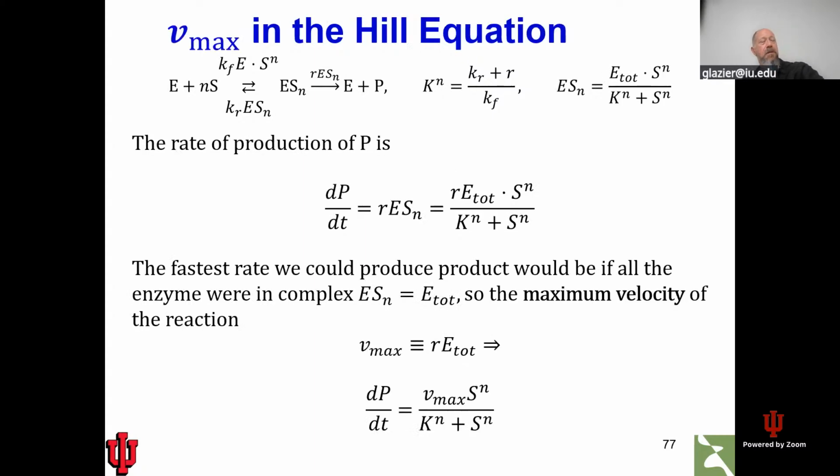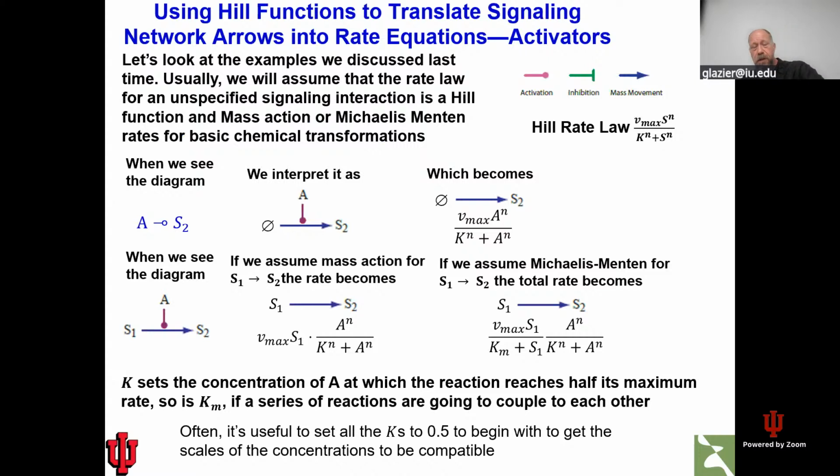And so the final result is that the rate of production of P is V max S to the N over K to the N plus S to the N. And that is a very fundamental concept, the Hill equation.